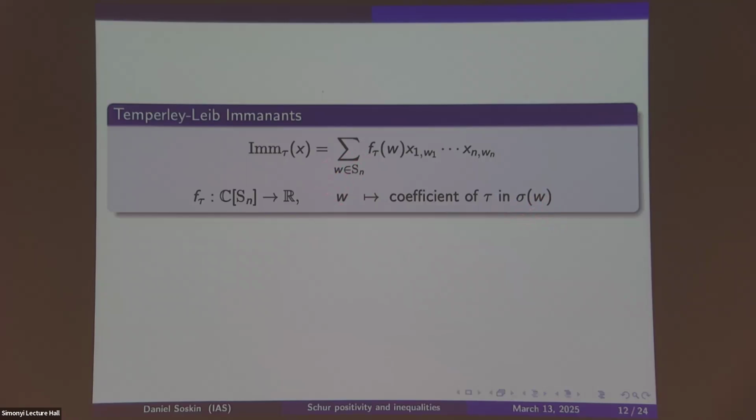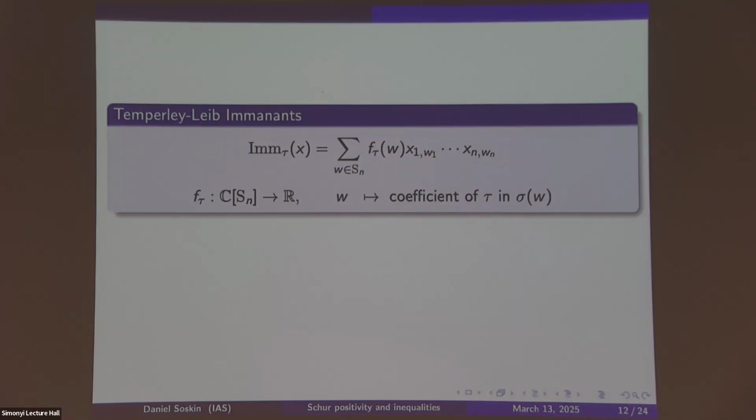So this is just a polynomial in the generators ti. And then a product of ti's can be represented by a matching, some Temperley-Lieb diagram. So the coefficient next to a fixed tau in that polynomial is the value of that function. For each permutation, we will get different coefficients.